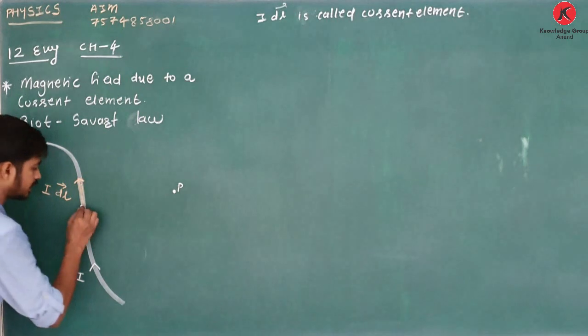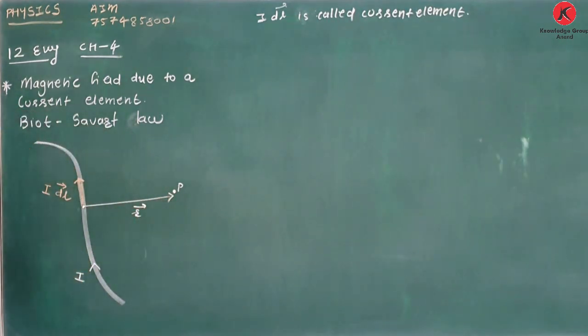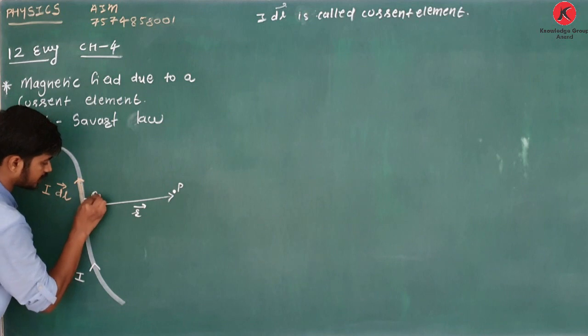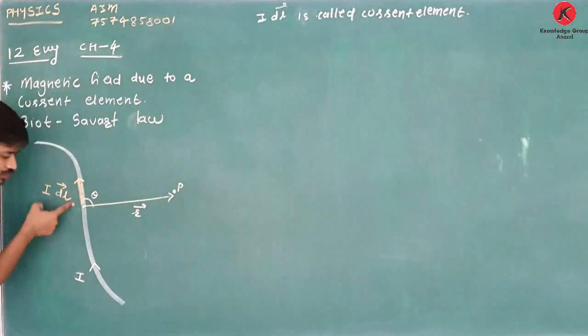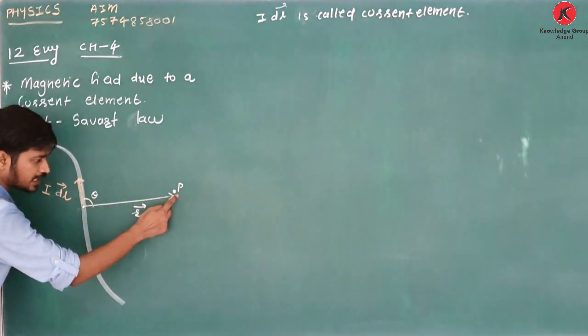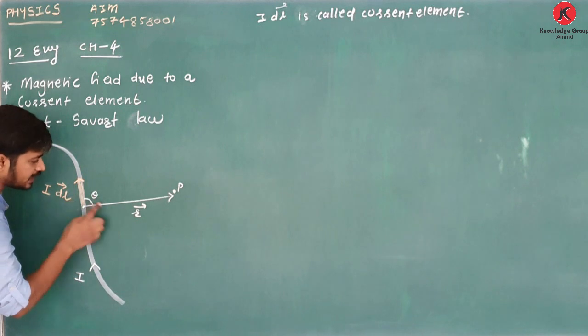Let the position vector be in this direction. You can say it is the displacement vector. The angle between them is theta. Again, due to this current element I dl, we have to find the magnetic field at point P having position vector r. The angle between I dl and r is theta.